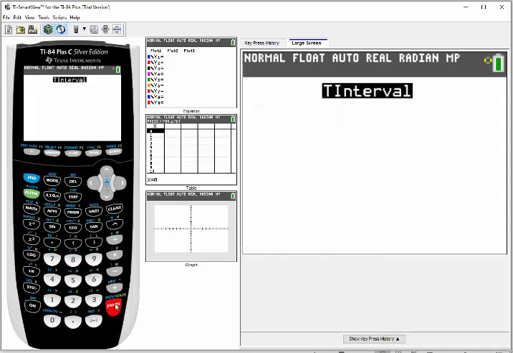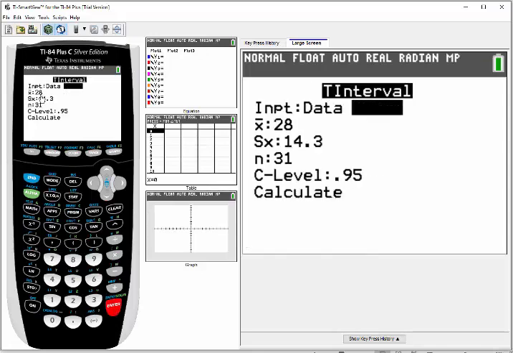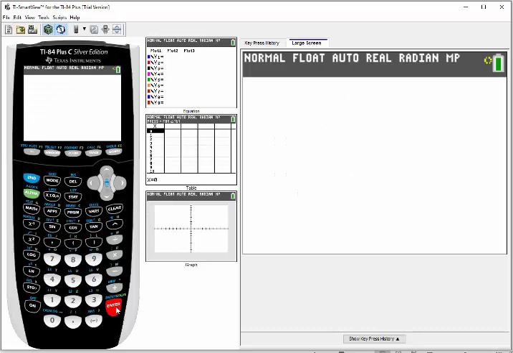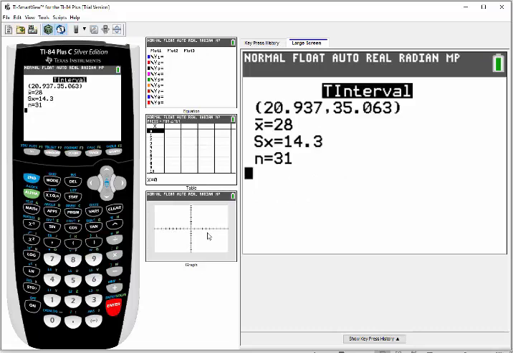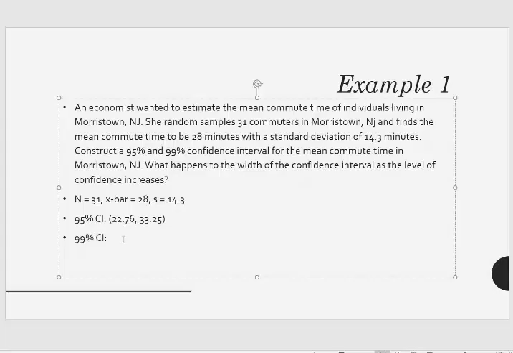I hit enter. You're still going to have the 28, the Sx, and the n stay the same. The only thing that's going to change is my level of confidence is now going to be 0.99, because I want a 99% confidence interval. So I'm going to hit calculate. And look, now it becomes 20.94 to 35.06.